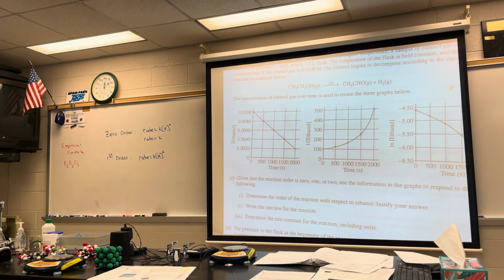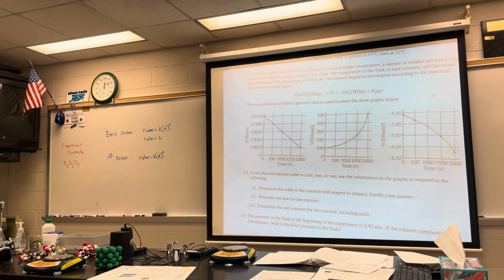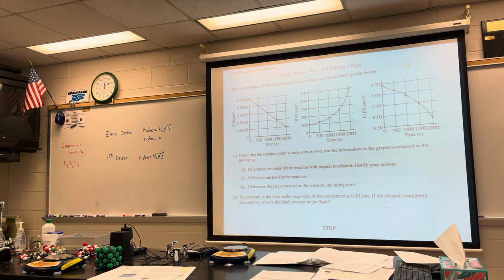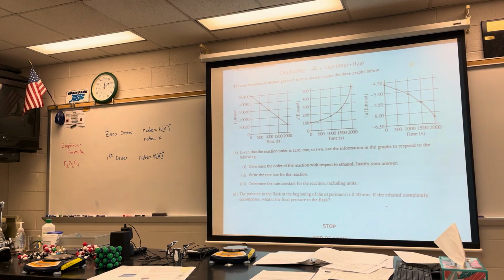They give you these three graphs. Okay? So there's the equation. They give you these three graphs. Given that the reaction is 0, order 1, or 2, use the information to respond. Determine the order of the reaction with respect to ethanol. Ethanol being the only reactant.